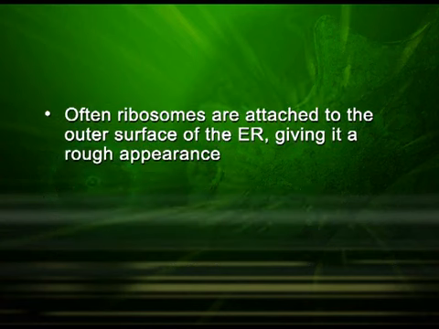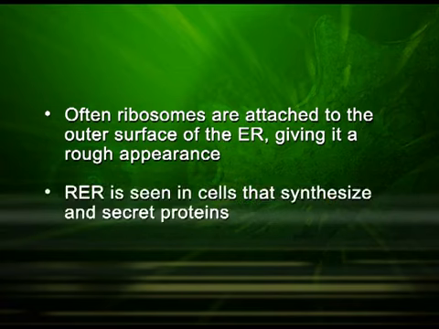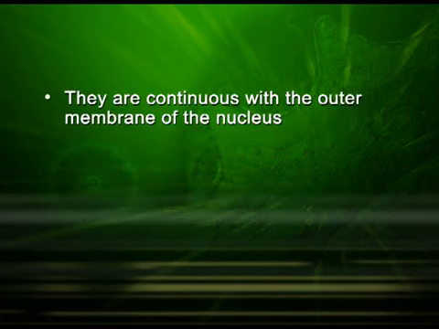Often, ribosomes are attached to the outer surface of the endoplasmic reticulum. This now appears rough in appearance and is known as rough endoplasmic reticulum. Rough endoplasmic reticulum is seen in cells which actively synthesize and secrete proteins. The rough endoplasmic reticulum is continuous with the outer membrane of the nucleus.